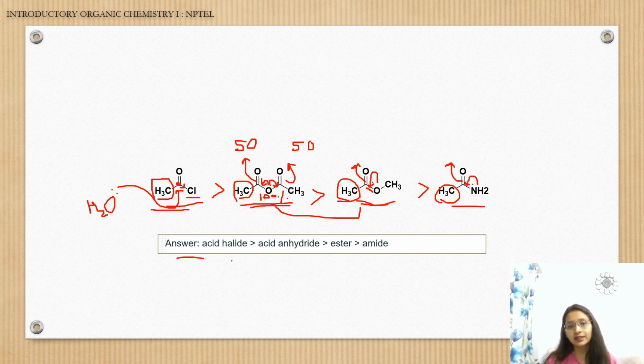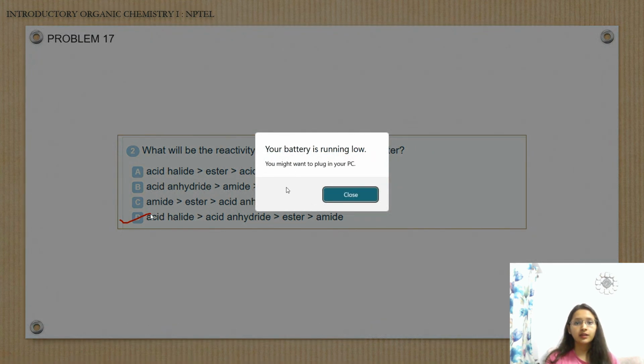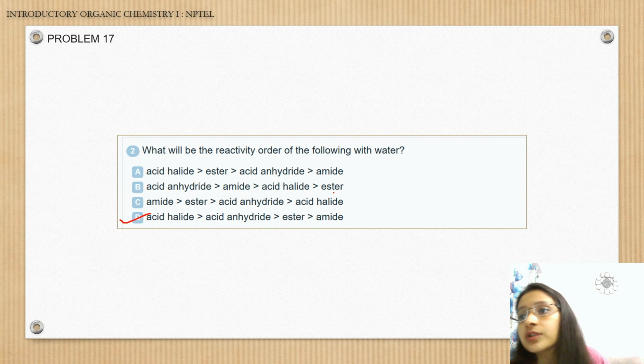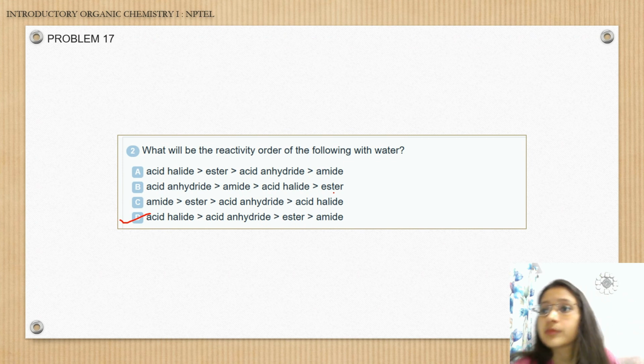This will be the correct order: acid halide, anhydride, ester, and amide. So option D will be the correct one, right? So is it clear to all of you why it is the right option? I hope it is clear now. If not, please ask me once.